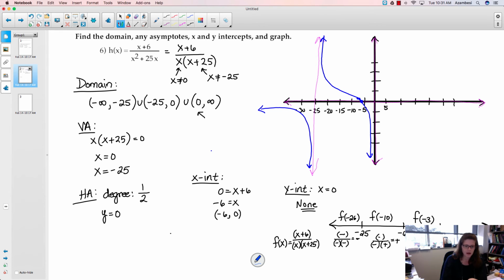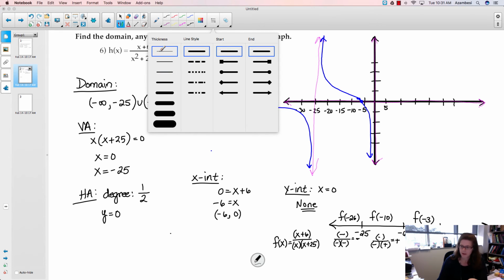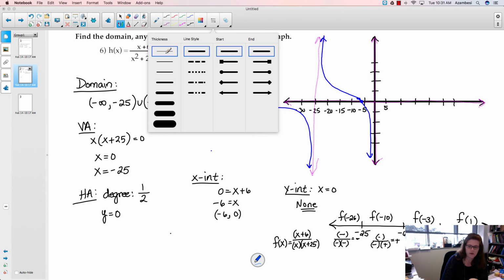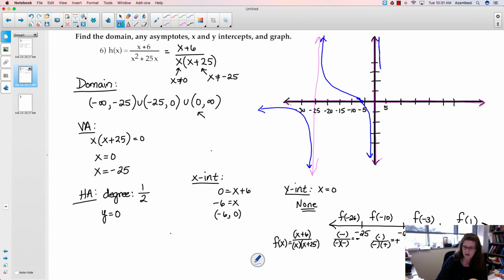And the last part determines whether it's above or below the axis everywhere else. So f of 1 would give me a positive value on the top, positive on the bottom, or a positive value altogether. And the last part of my function graphically looks like this.